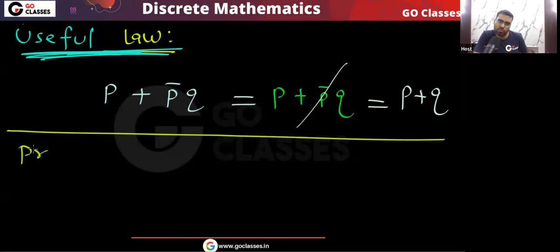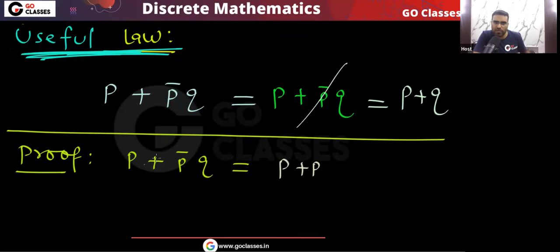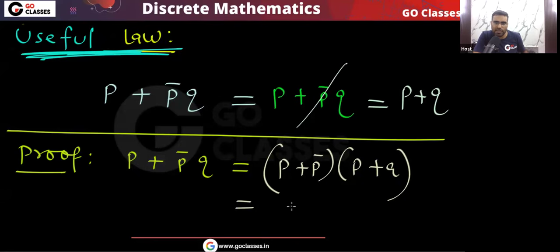Let's see the proof. You can prove it by case method, or you can apply the distributive property. We know the distributive property, so just apply it. It will be P or P bar, and P or Q. Now what is P or P bar? P or P bar, that is true. True and alpha is alpha.